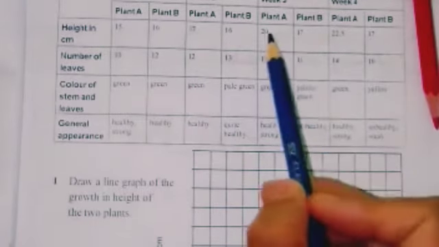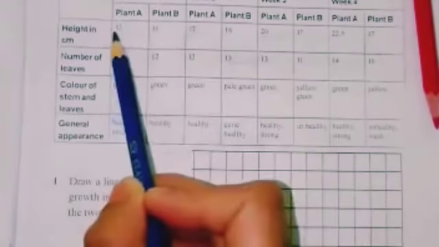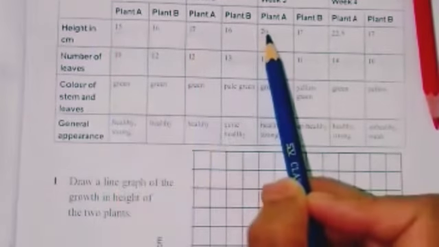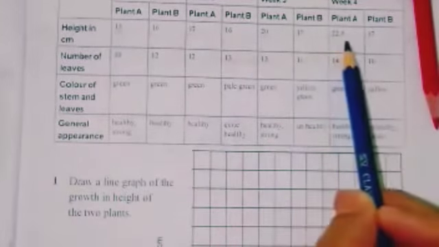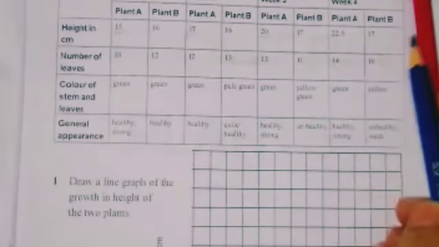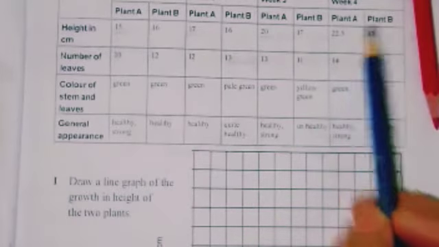It means the height is increasing. See here, 15, then 17, then 20, then 22.5 in week 4. The height of plant A is increasing because it was in light.